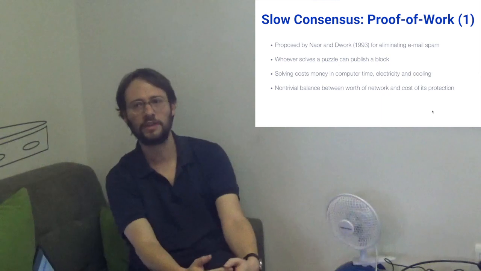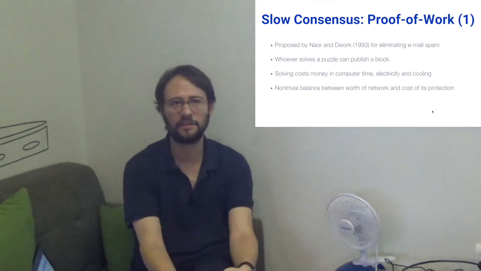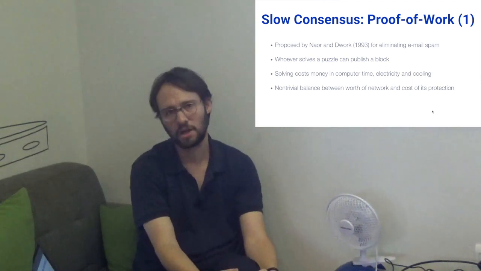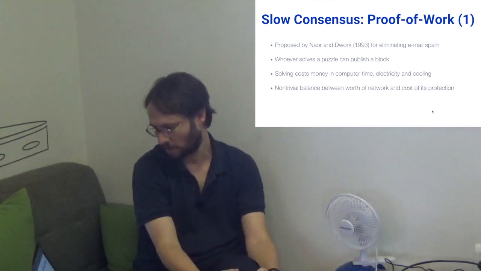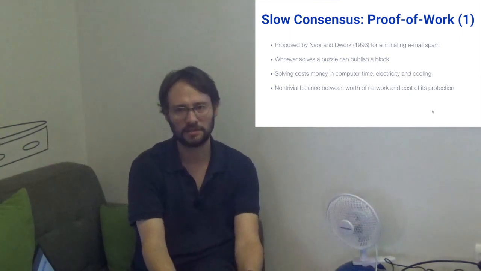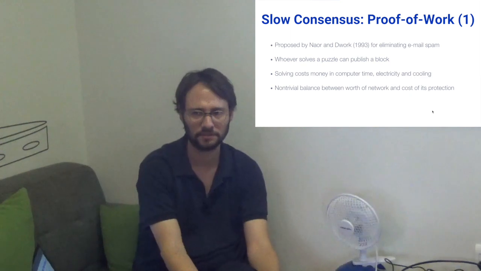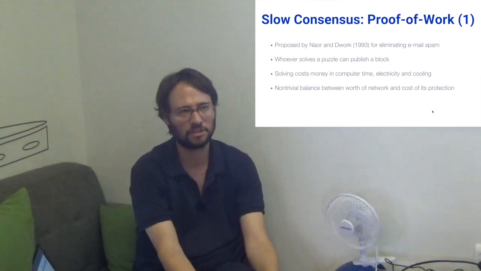And how you do that is that the content element that you need to prove with your proof of work, you create a puzzle over it. And solving the puzzle is something that you can do with enough computer time. So you have to spend a lot of computer time solving the puzzle, and very little computer time to verify that the solution is valid.